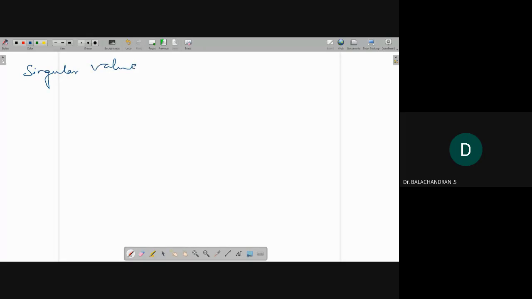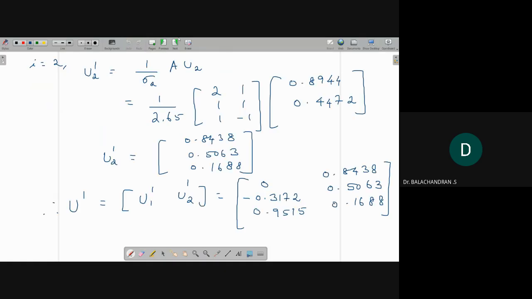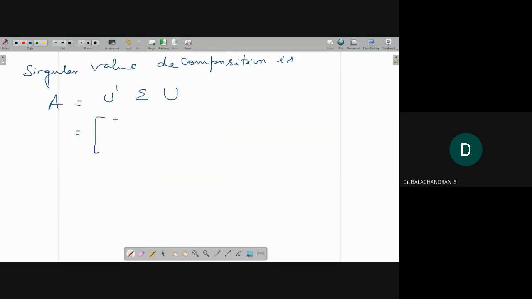The given matrix A is equal to U dash, the summation, into U. So what is U dash? Just now we found U dash, 0.8438.